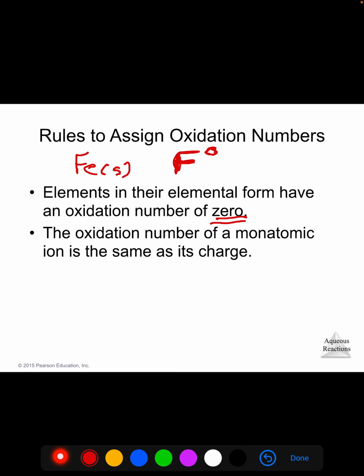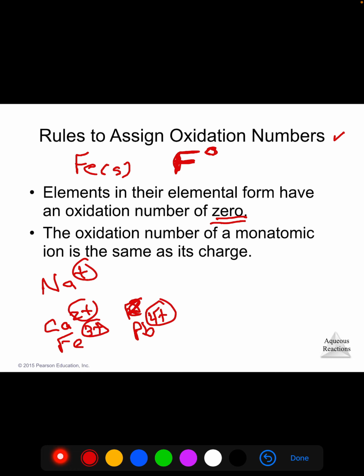Also, if you have a species like sodium 1+, or calcium 2+, or let's go back to iron 3+, or a 4+, chromium, cobalt, lead, Pb 4+. If you have species like these, their oxidation number is their charge. 4 plus, 3 plus, 2 plus, 1 plus.